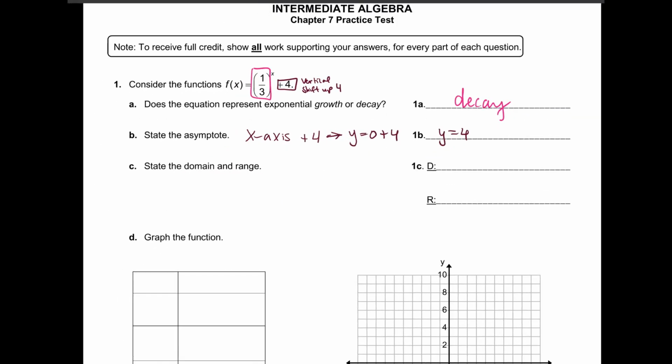All right, so think about what the domain and the range would be. Yep, the domain is from negative infinity to positive infinity.